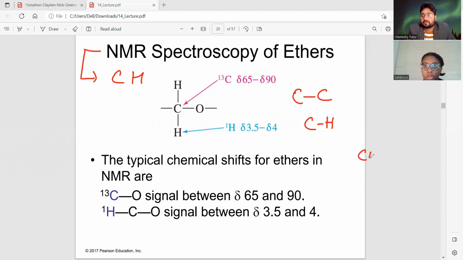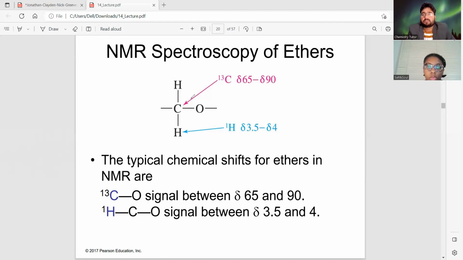Like carbon is connected with one hydrogen, two hydrogens, three hydrogens, or carbon is not connected with any hydrogen. So along with mass spectroscopy, this is a perfect technique, the most important technique to elucidate the structure of a known compound.